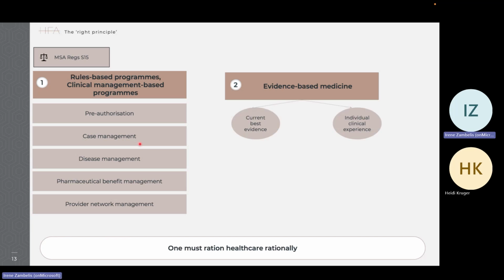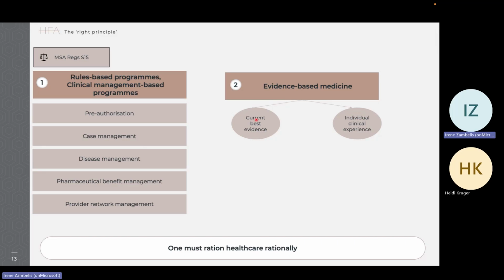What it actually means is that a scheme needs to look at what the current research says. So these are two important words. The word current, so the scheme needs to be up to date.